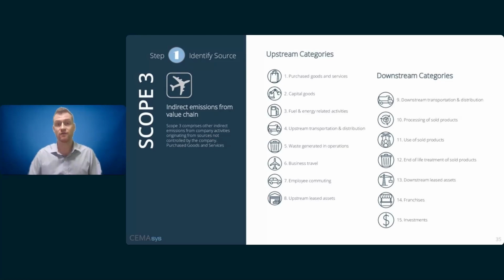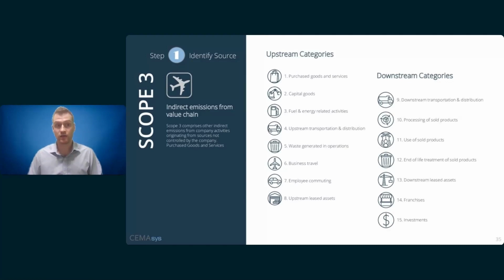Once you know your relevant categories, you can begin to collect data, which may seem like a daunting task, but keep in mind that this data, in theory, should all be available to you, whether that be through purchase records or engaging with suppliers. And there are some low-hanging fruit where you can start, such as business travel, where you likely have a list of all flights purchased by the company or a travel agency with a record.